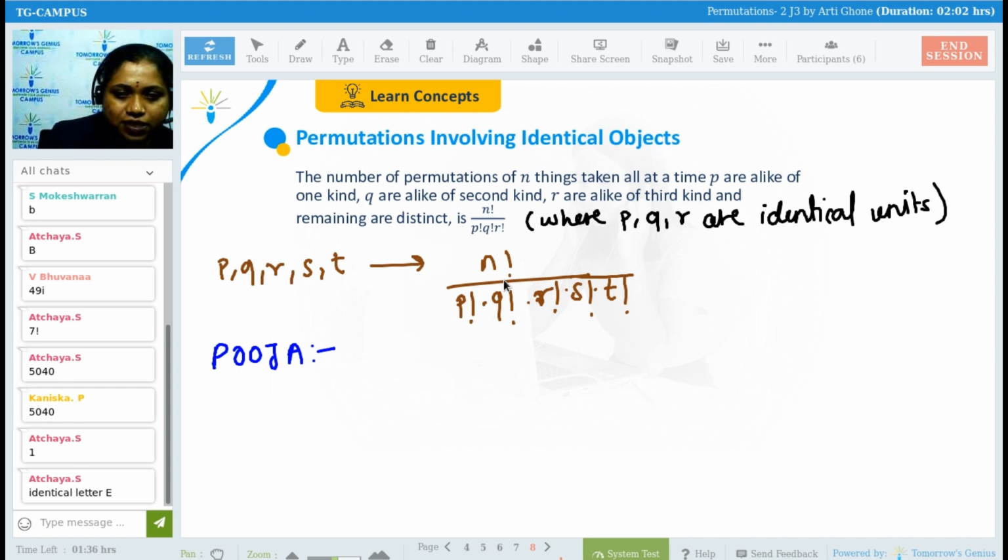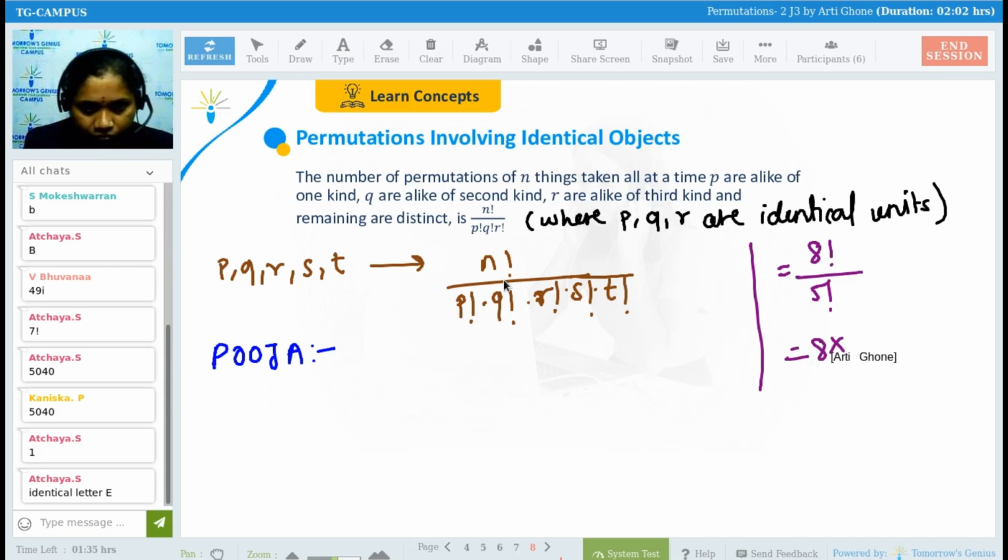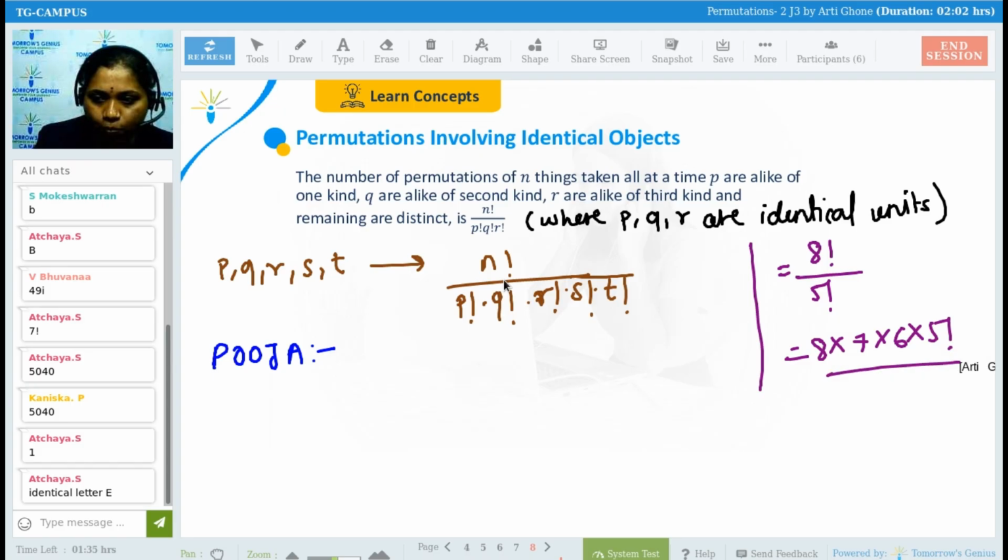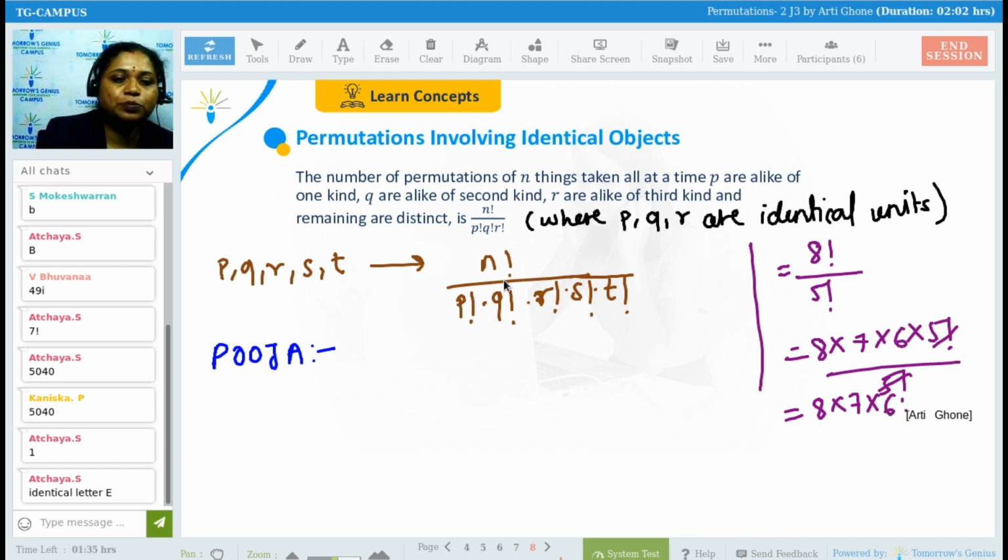Have a look. I'm just revising this one. How are we doing division? 8 factorial upon 5 factorial. How are we doing this case? 8 and 5 difference only. So what is the difference of 8 and 5? 3 units. So I'm just taking 3 consecutive terms: 8 into 7 into 6. Clear? Okay. Upon 5 factorial, and hence 5 factorial gets cancelled. So likewise you have to perform. Clear? So same thing with Puja.